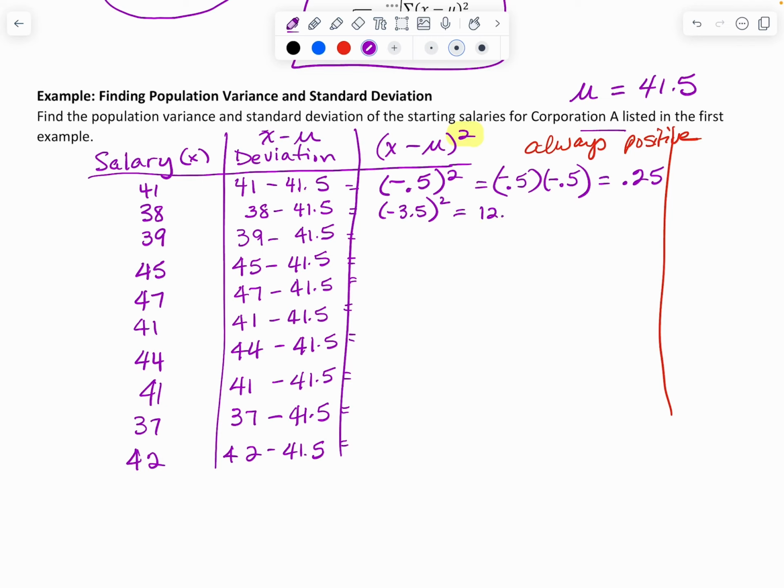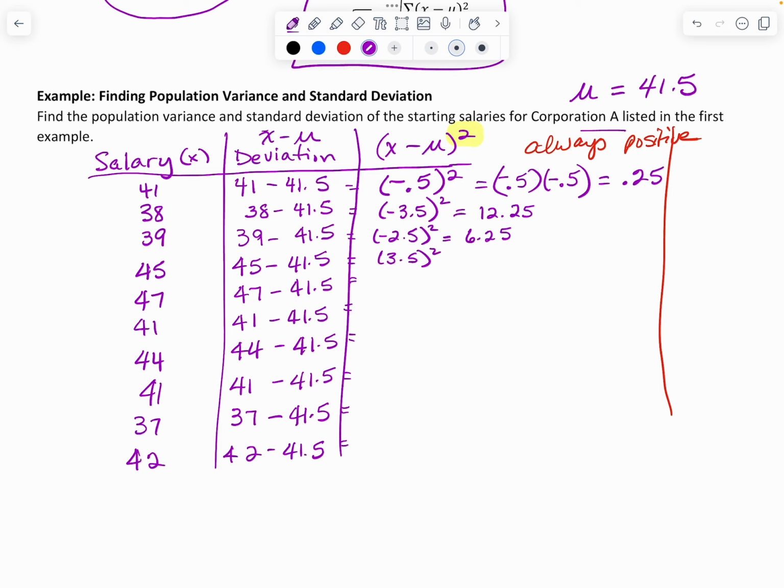So this equals 12.25. 39 minus 41.5 is negative 2.5. When I square that, I get 6.25. Again, use your calculator. 45 minus 41.5 is positive 3.5.